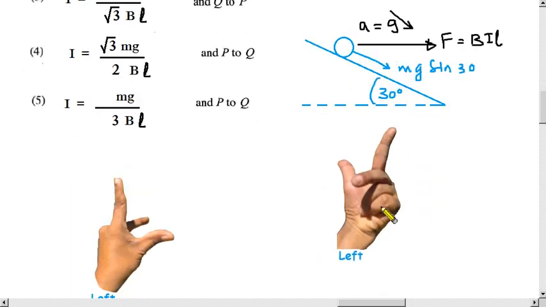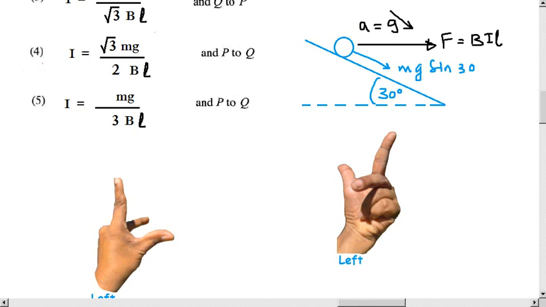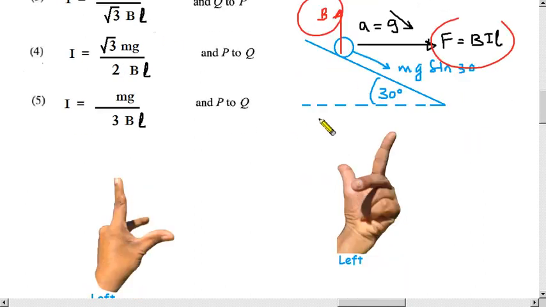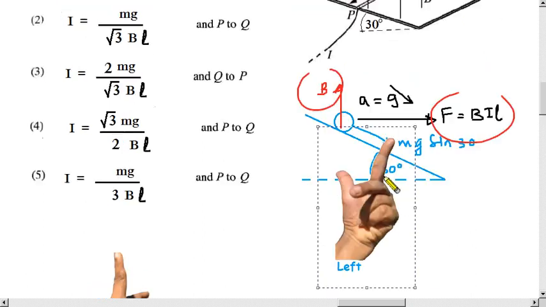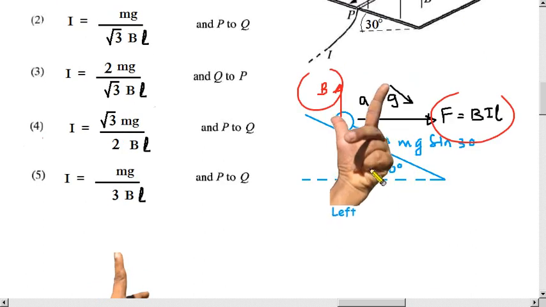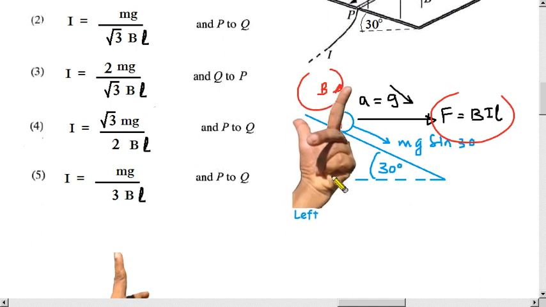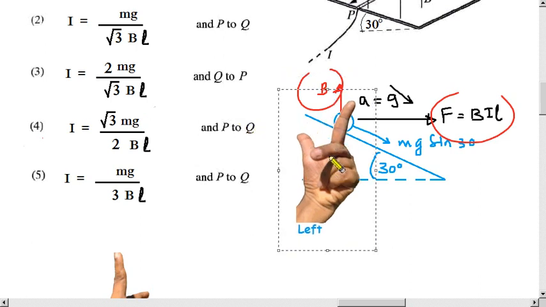We need this one and this one. Therefore, let us place our left hand like this. B is okay, but the force, given by the direction of the thumb, is to the left side, so that won't work.